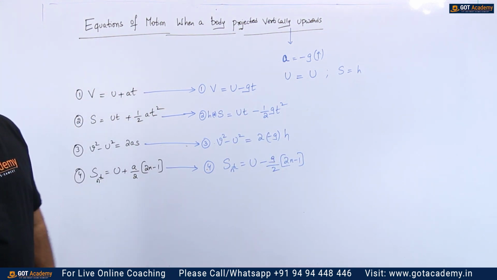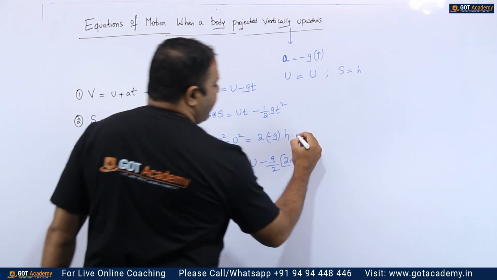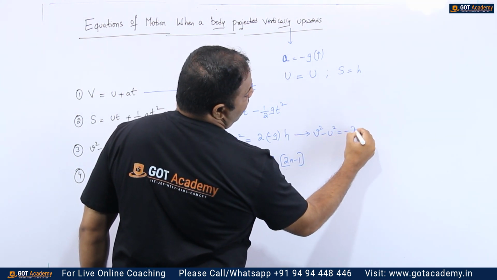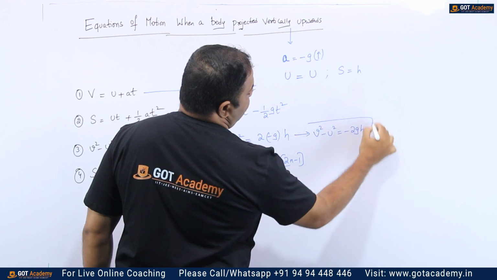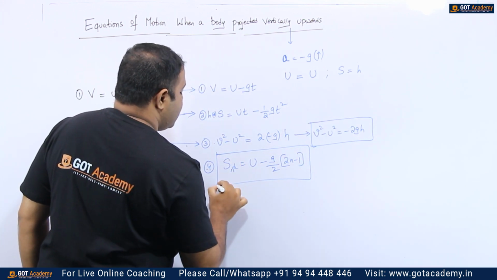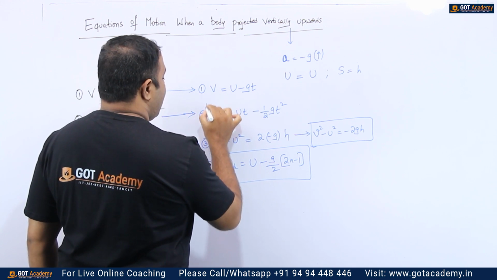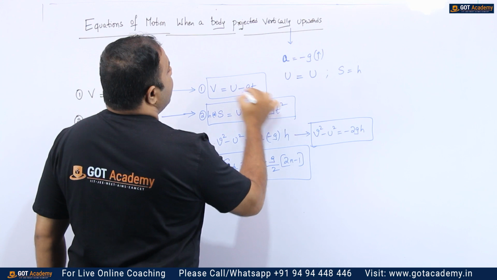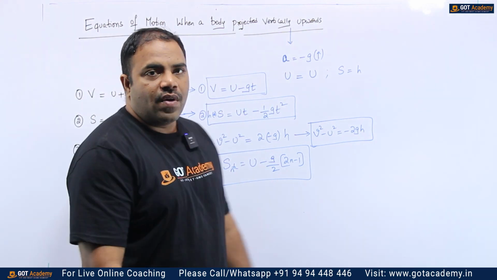So, like this we are changing the equations. By further simplification, you could write this as V square minus U square is equal to minus 2gH.